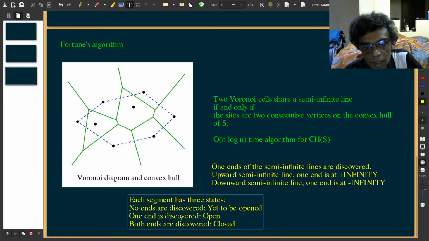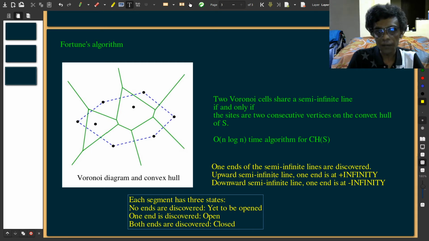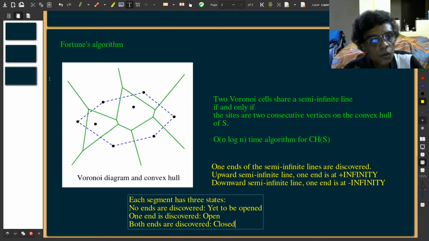So yet to be opened means, for example, I do not know where this will start and where this will end. Note that all the semi-infinite lines are open. They are not yet closed because I know one end of each. The other end I have to discover and close. So, this is how we may start.